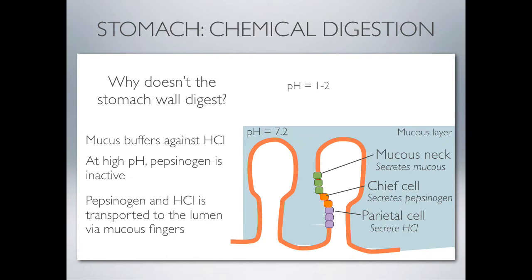And that's essentially what happens: the high pressure generated by the parietal cells and, to a lesser extent, the chief cells creates these fingers through the mucus, essentially vessels or tunnels. And these tunnels allow for the transport of the hydrochloric acid.